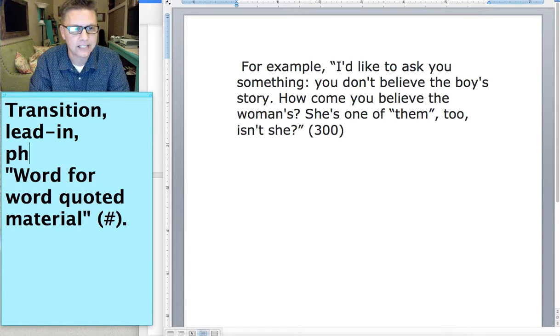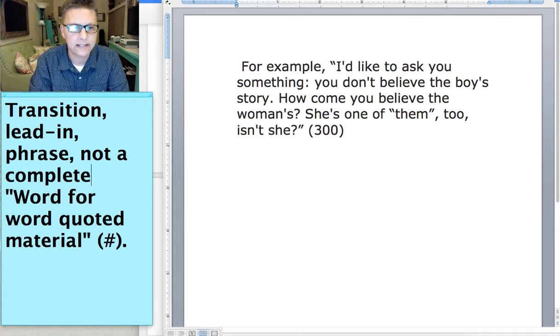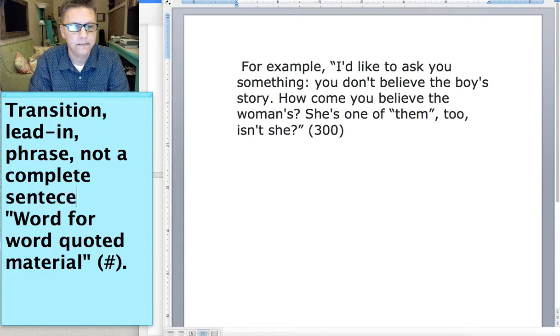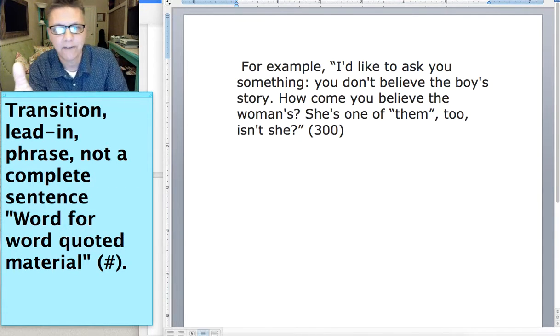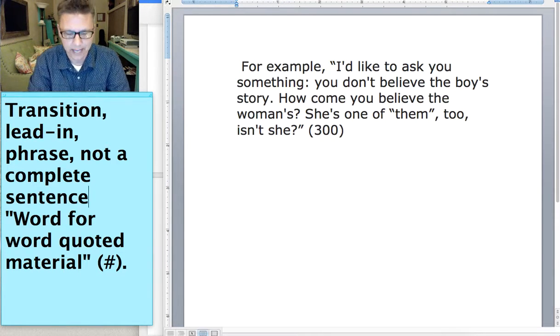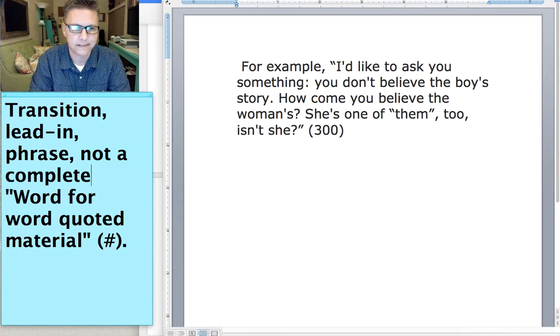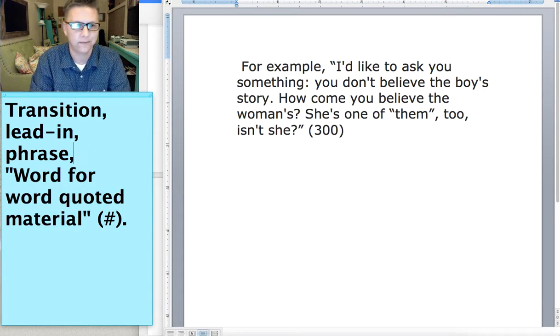Secondly, it has to be a phrase, usually, not a complete sentence. Why is that? Well, simply, most of the quotes that you're going to have, oftentimes we just tend to quote things that are already complete sentences. So if our lead-in is not a phrase but a complete sentence, that's going to make a run-on. And you don't want to have a run-on in a sentence. It just is not good grammar, right?